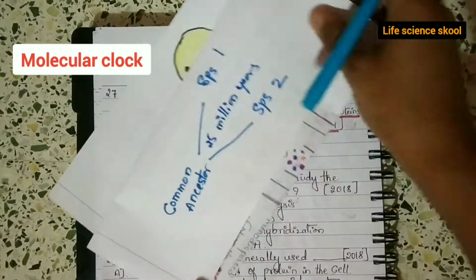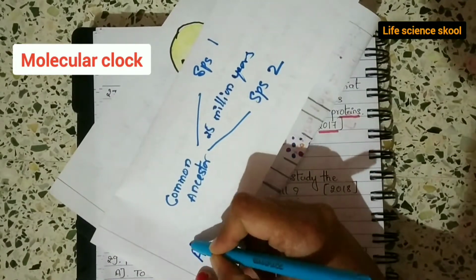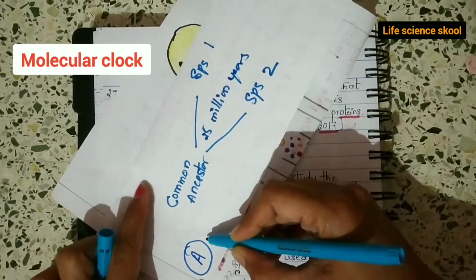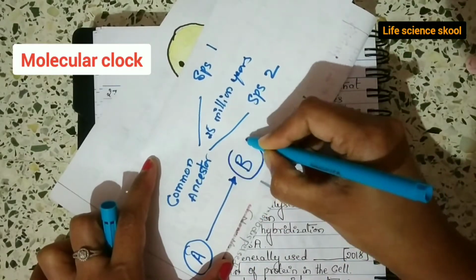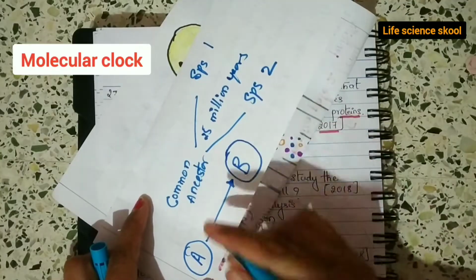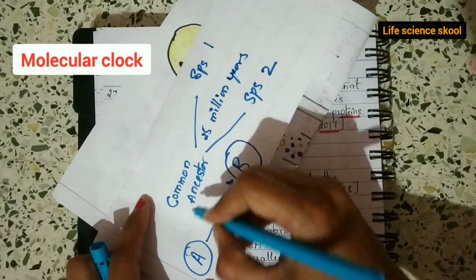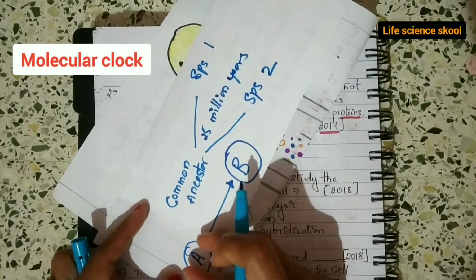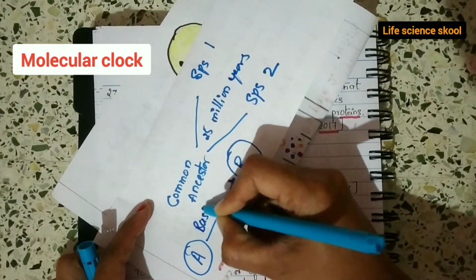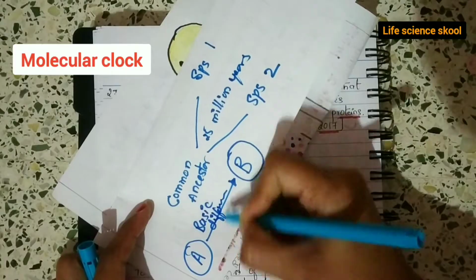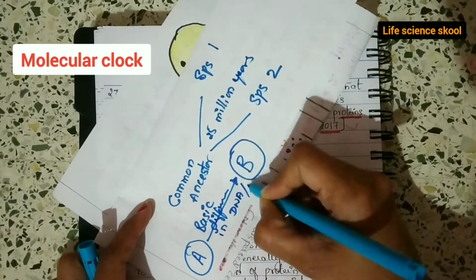For example, if you take species A, which is going to differentiate from B, how is it possible? How can you find out that species A is different from species B? By the basic difference in the DNA or protein.